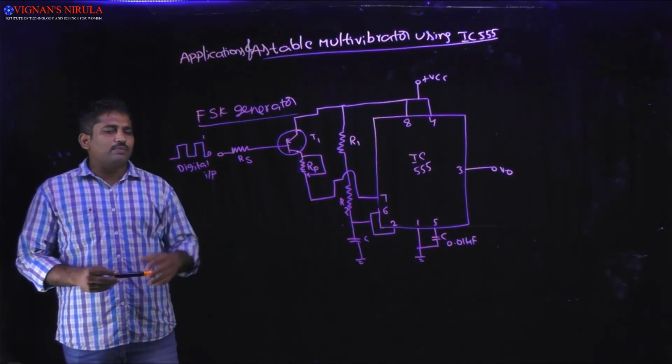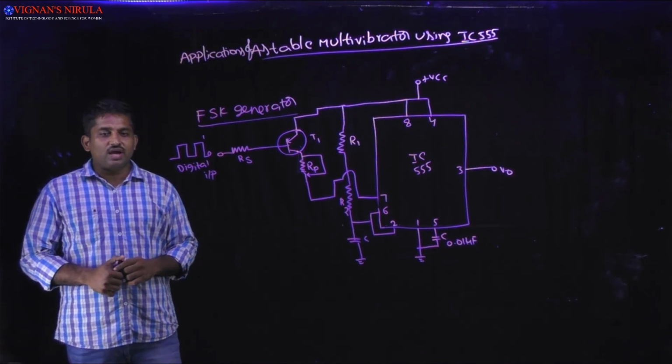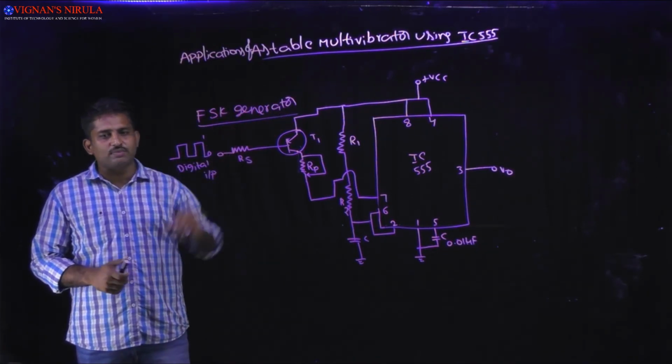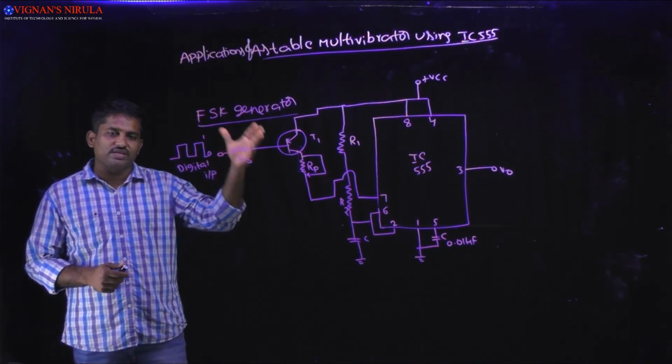Here the astable multivibrator will be used as an FSK generator. How can we generate FSK signals by using an astable multivibrator? FSK is nothing but the frequency shift keying technique.